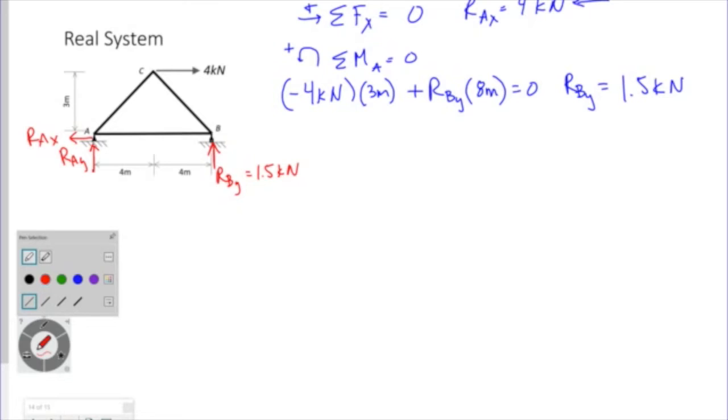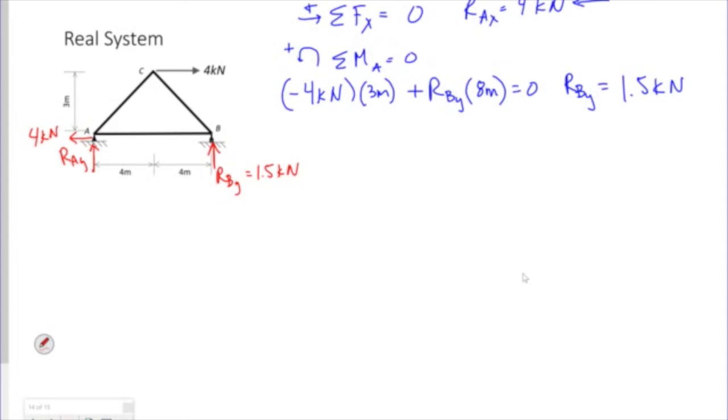If I do the sum of the forces in the x direction, RAX, I'm going to replace it with 4 kilonewtons. RAY is going to be acting down, 1.5 kilonewtons, because it's going to be equal and opposite of RBY. That's the whole structure, right? Let's find the forces.